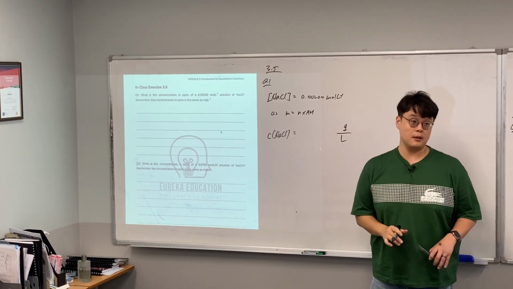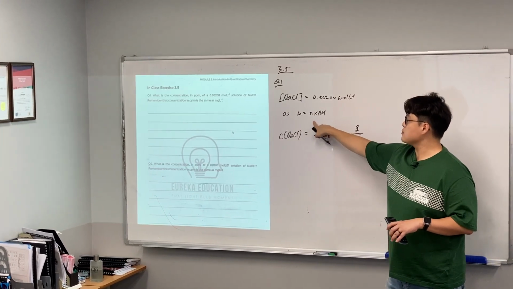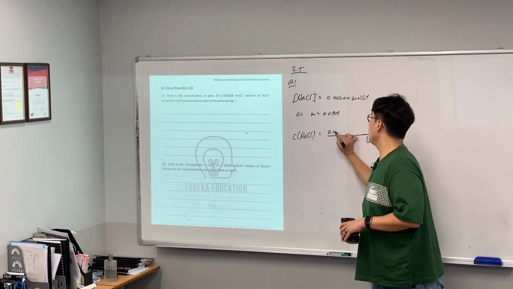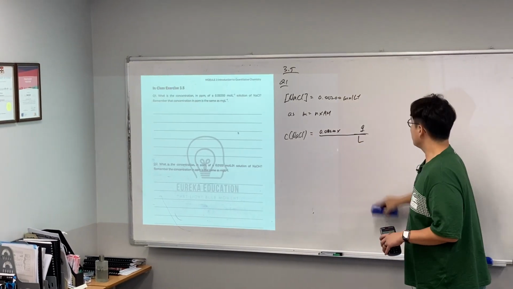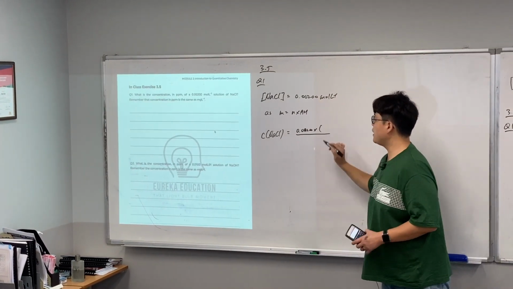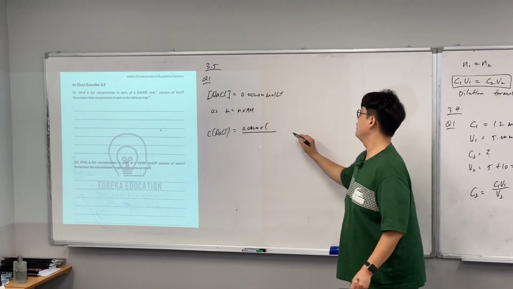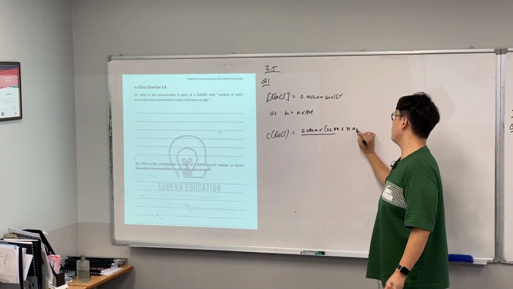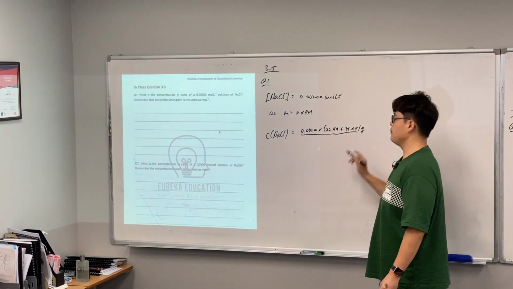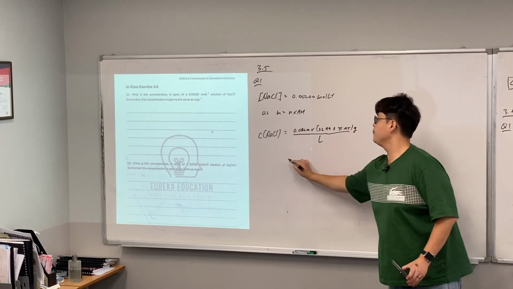So as M equals n times molar mass, this is 0.00200 times the molar mass of sodium, 22.99, plus 35.45 grams. That will be in grams per liter.